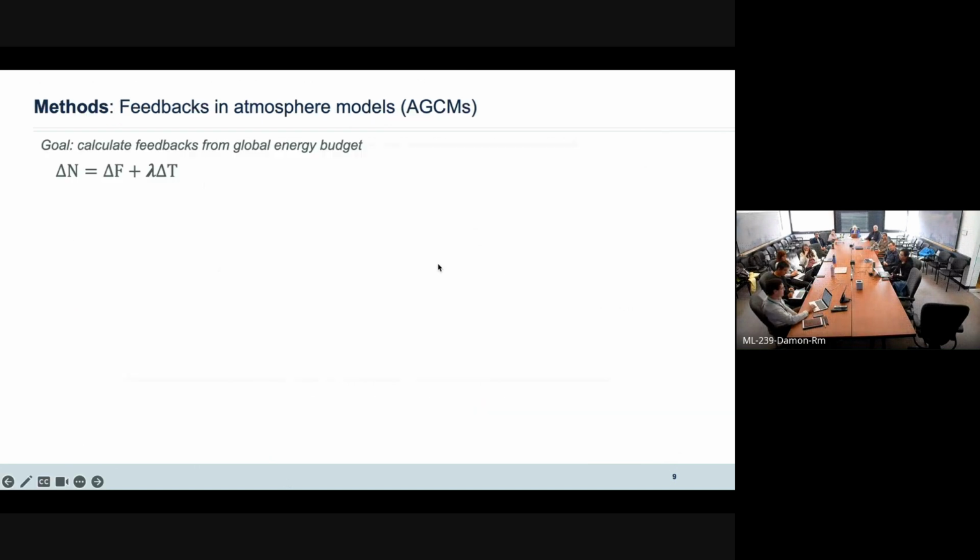So now we have the SST patterns, and we can start to think about the feedbacks again. So we start off looking at this global energy budget equation, which shows how the top of atmosphere radiation, N, is equal to a change in the forcing, say from things like CO2 doubling, plus the feedback, lambda, times the surface temperature change.